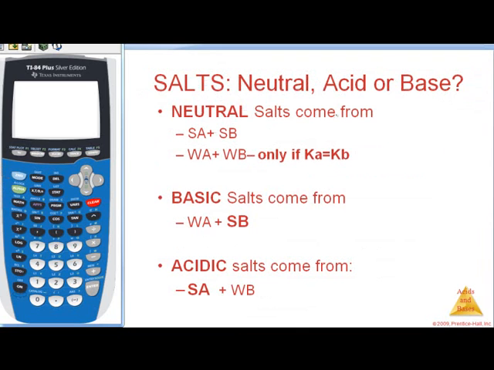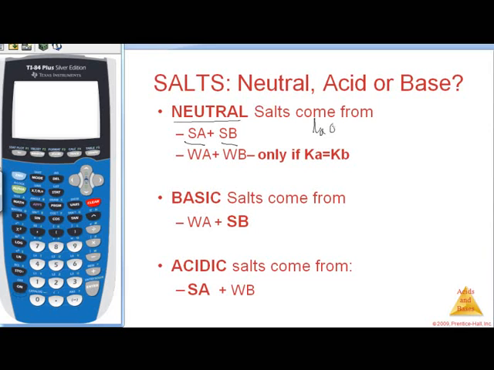So salts can be neutral, acid, or base. So let's take a look at how we decide. A neutral salt comes from a combination of a strong acid and a strong base. So that could be something like sodium hydroxide and hydrochloric acid, strong base, strong acid, and they will produce, of course, sodium chloride and water.